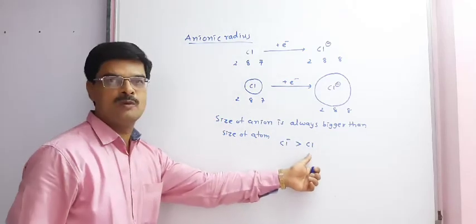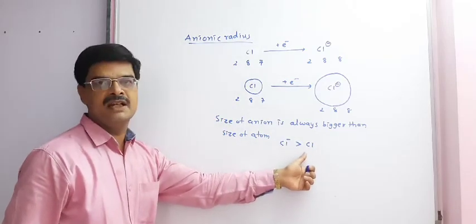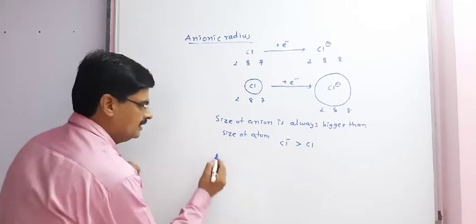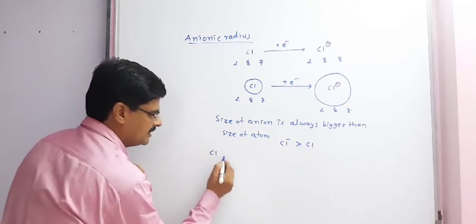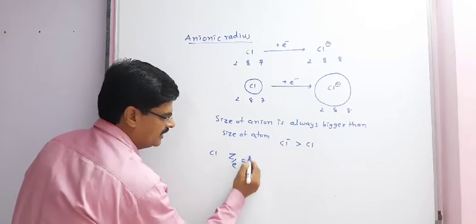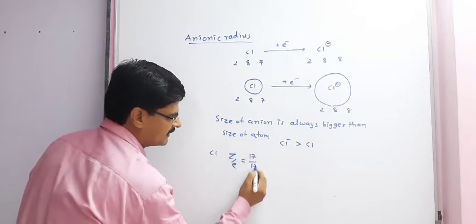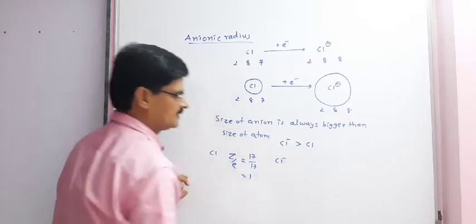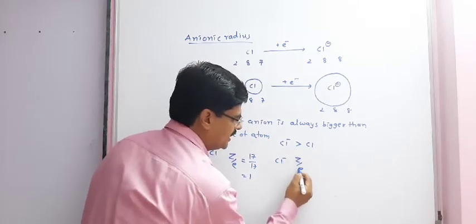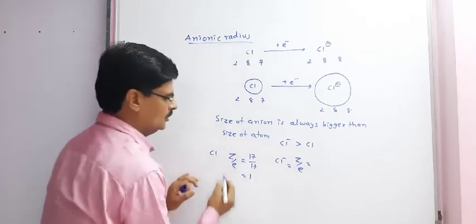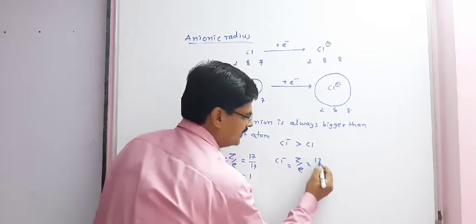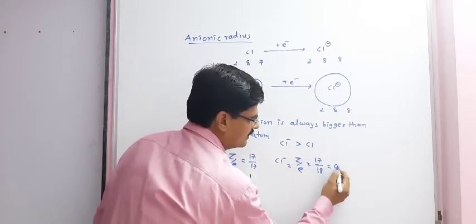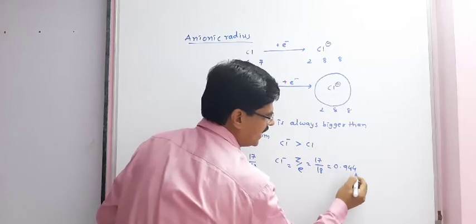This can also be understood by taking the ratio Z upon E. For Cl, the Z upon E ratio is equal to 17 by 17, that is only 1. But for Cl minus, the Z upon E ratio is equal to 17 by 18, that is nearly 0.944.